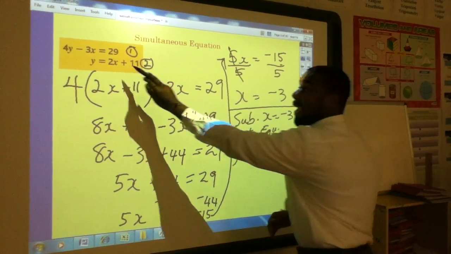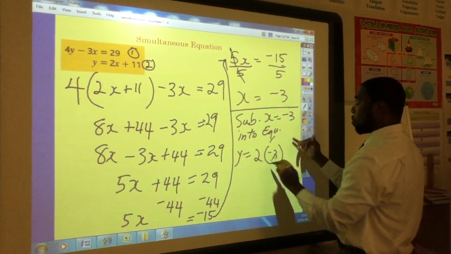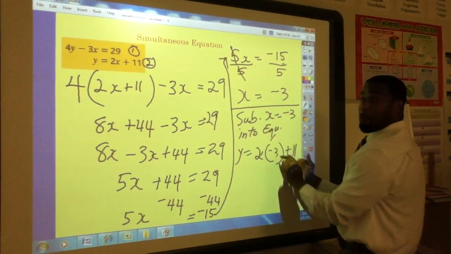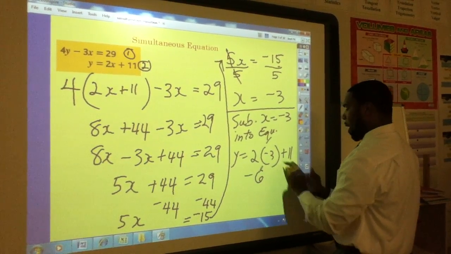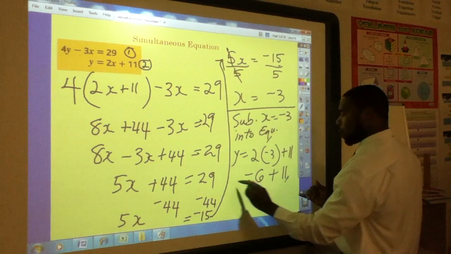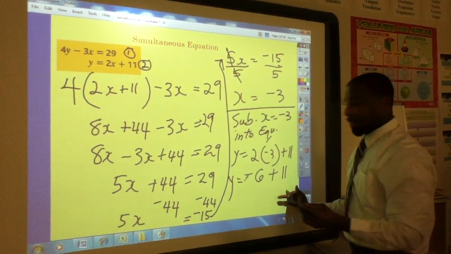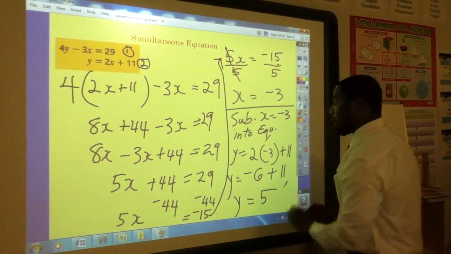Instead of writing x, now we're going to write minus 3, 2 times minus 3, because x is minus 3, plus 11. 2 times minus 3 is minus 6, plus 11. So y is equal to minus 6 plus 11. Then we have to simplify that. y is equal to a positive 5.